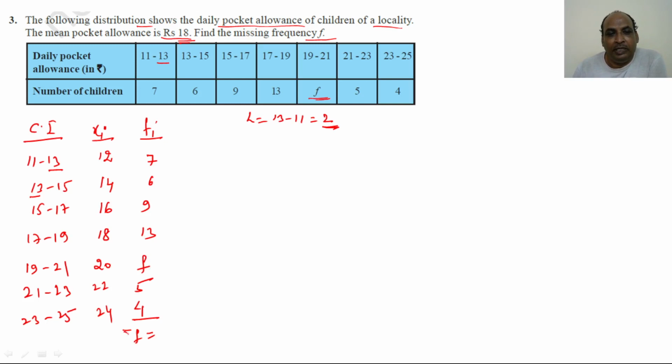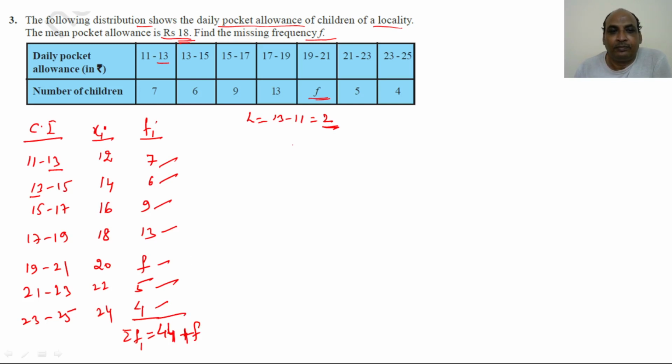Sigma F we need to find out compulsorily, so there is no doubt in that. So 7, 13, 22 and 25, 35, 40, 44. So 44 plus F, correct? 44 plus F is the sigma Fi.